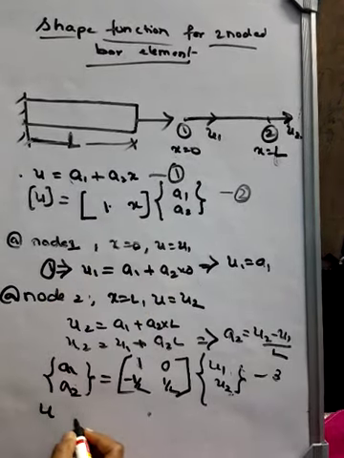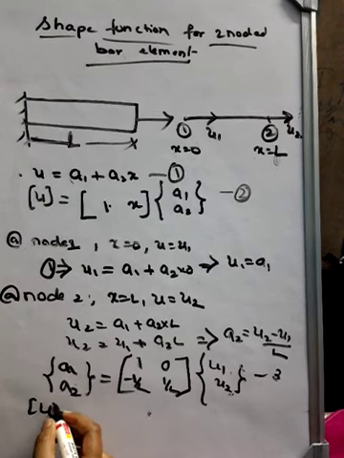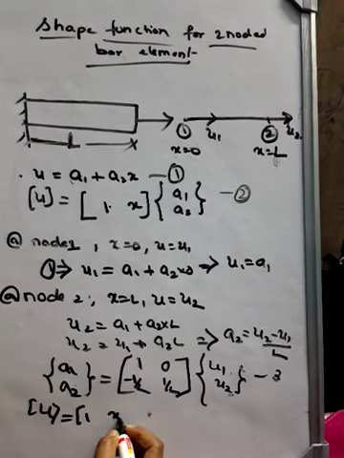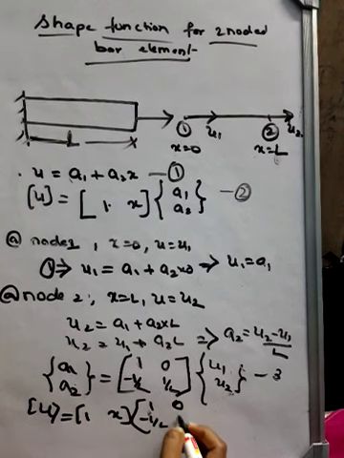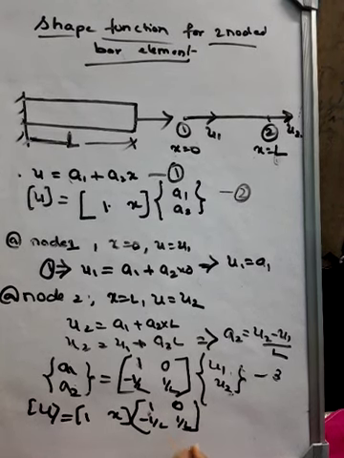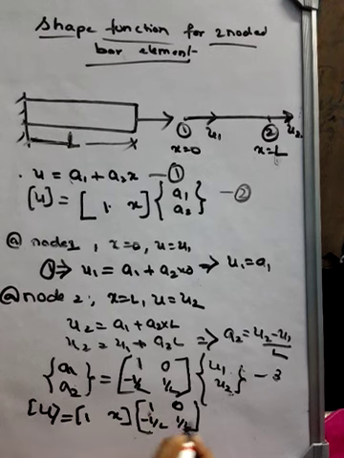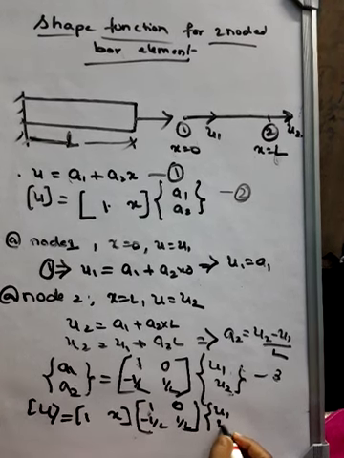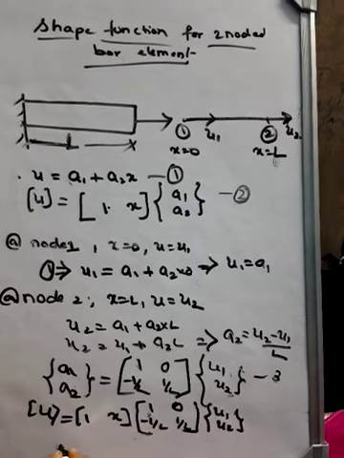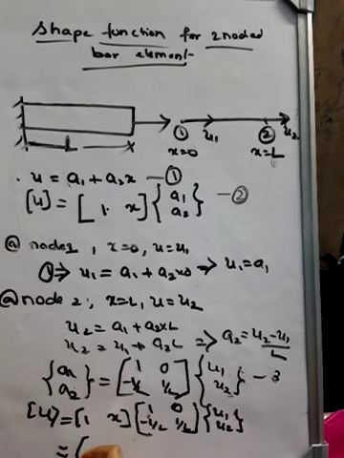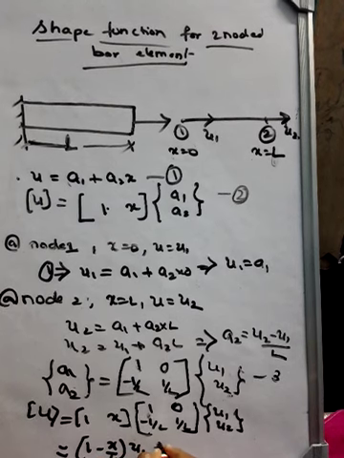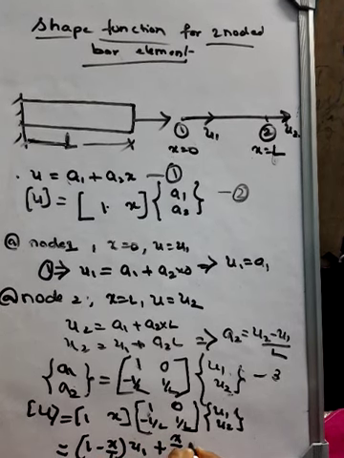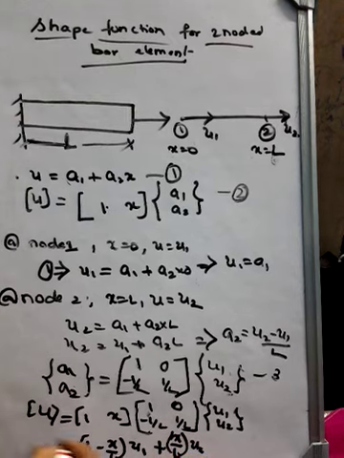Now this value I will substitute here. That is u is equal to 1 x times the matrix with 1, minus 1 by L, 0, 1 by L, into u1 u2. Okay, just simplify this one. You will get 1 minus x by L into u1 plus x by L into u2.